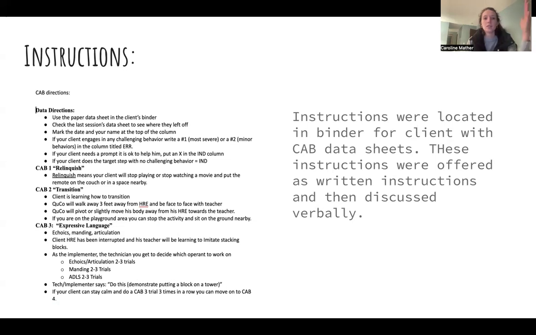Then it defined each CAB that we were using and gave examples of what was going to occur in each one. So this was done and staff was told to review it during that time period.